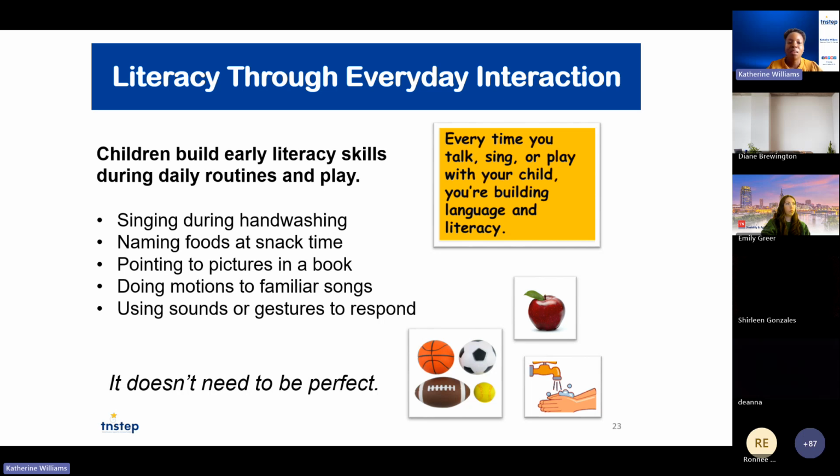Doing motions during song, using sounds or gestures to respond. It doesn't have to be perfect. It's going to look messy sometimes, but I guarantee you, your child is not going to care. They are just enjoying those interactions with you, and they are still being able to build that literacy even through those messy moments.